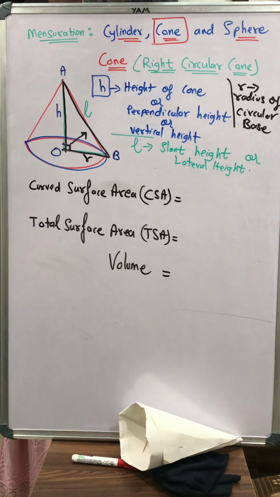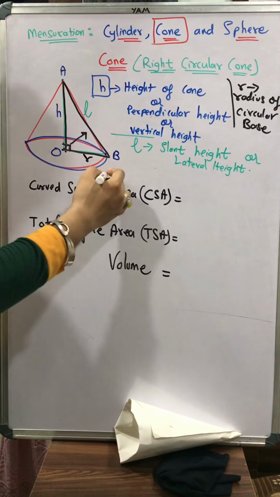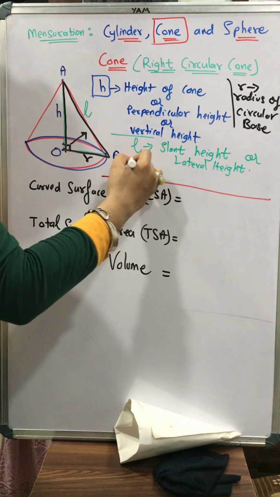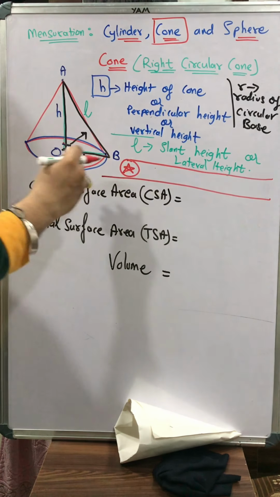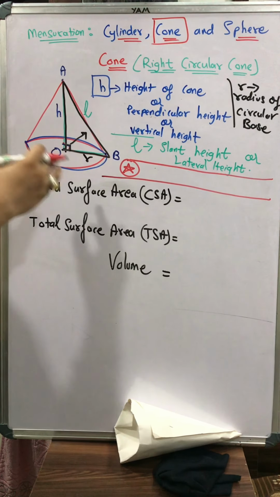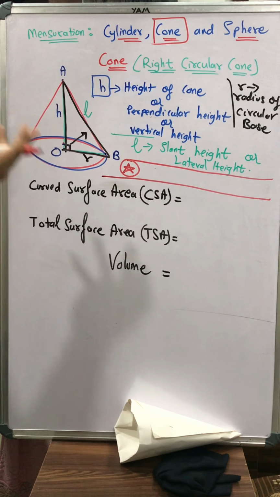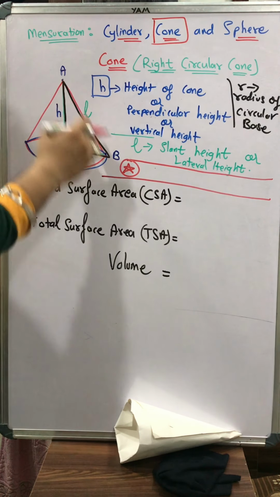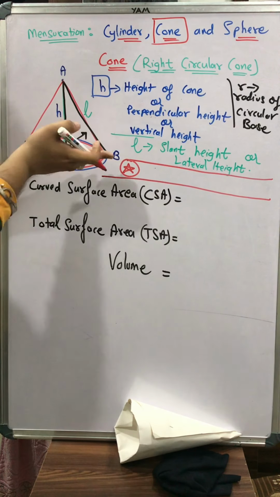So students, over here, can I apply Pythagoras theorem? Yes, definitely I can apply Pythagoras theorem. A very important relationship I am giving to you all. I am marking a star. Many times you'll be using this relationship, and it's nothing but Pythagoras theorem. So no need to rote learn. l is the slant height or lateral height, h is the normal height, and r is the base.